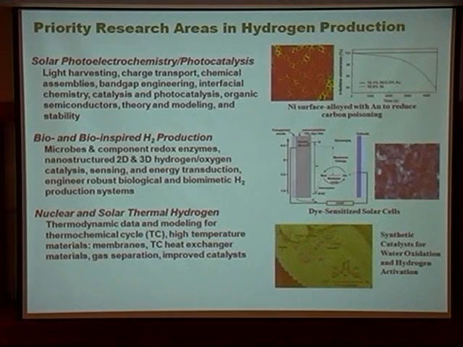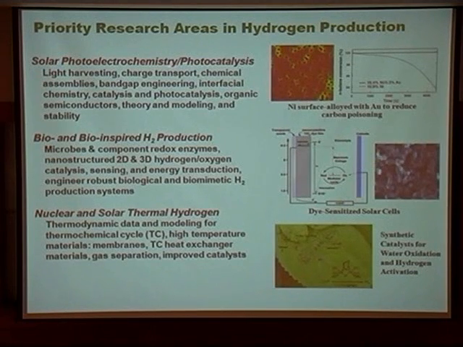So these were the priority research directions. These are the very high-level areas that the core of experts, both fundamental and applied scientists and people from industry, sat down and said, these are key areas that we think are the bottlenecks that need to be broken. Okay, we really need to break through to come up with new things.